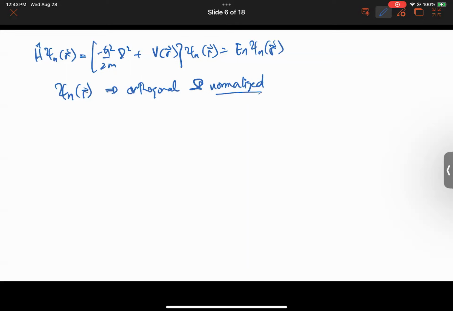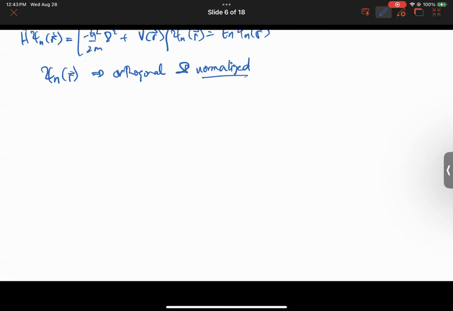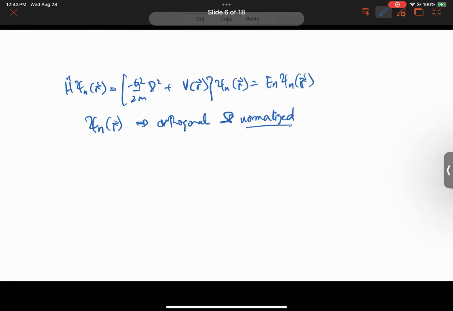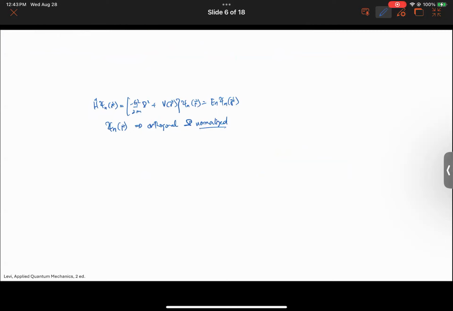In mathematical physics, we call this the orthonormal condition, and we have an equation that we use for that.